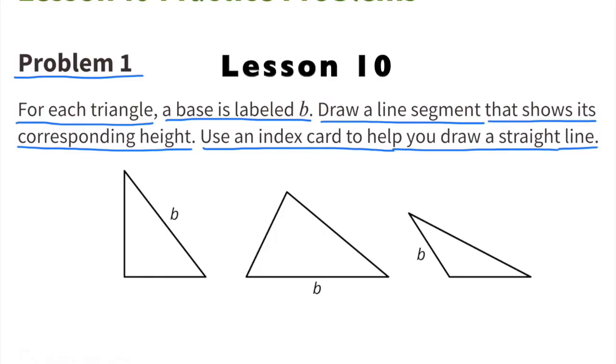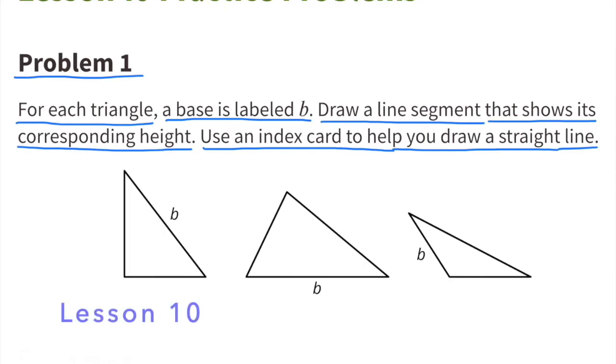Unit 1, Lesson 10. Bases and heights of triangles. Number 1. For each triangle, a base is labeled B. Draw a line segment that shows its corresponding height. Use an index card to help you draw a straight line.